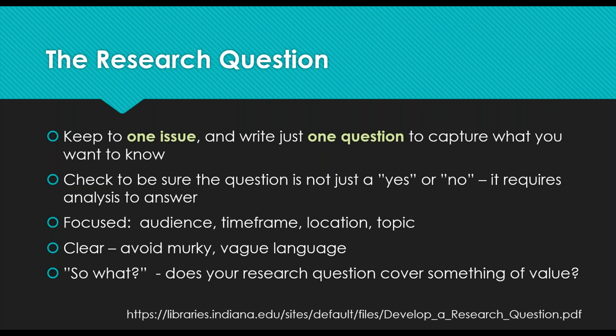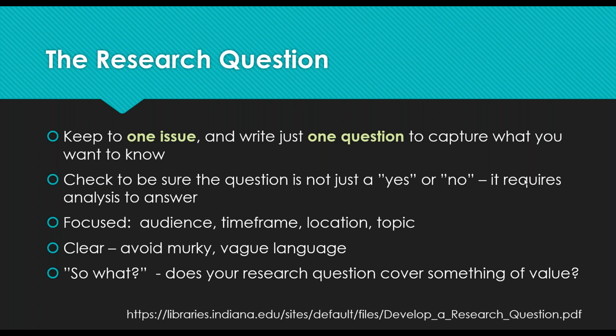Your research question should be focused around a certain time period, not an open-ended, for-the-next-20-years kind of question. It should be focused in terms of what geographic location you're dealing with, or the location could also be just in terms of a thematic location, the topic.